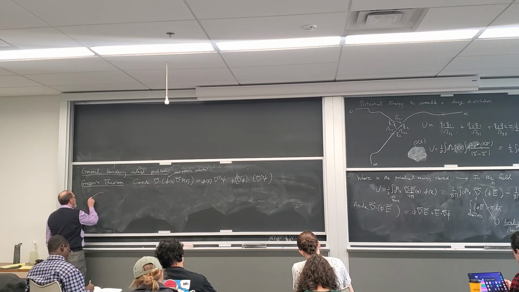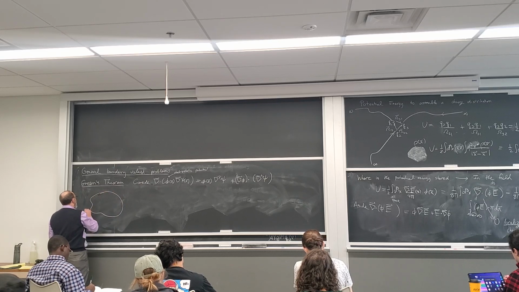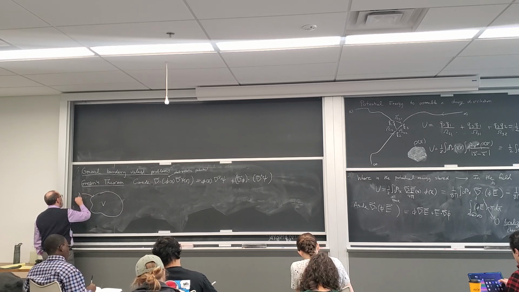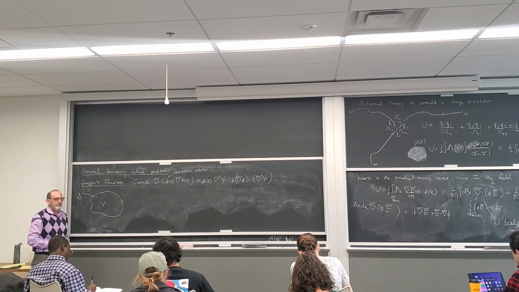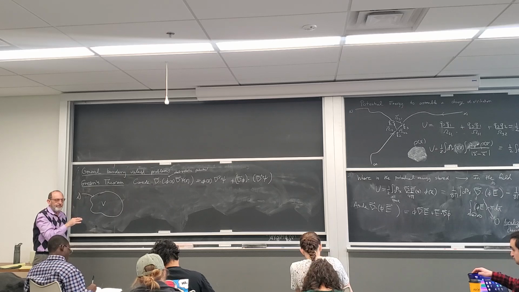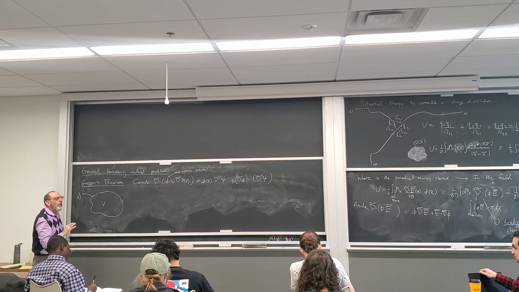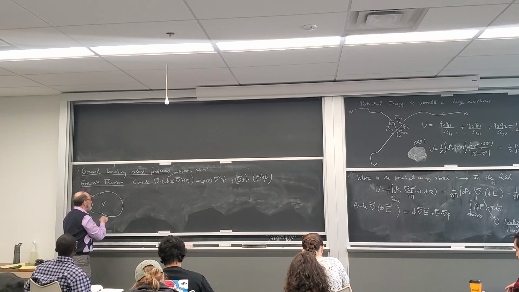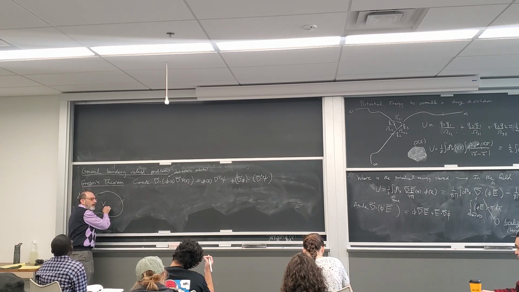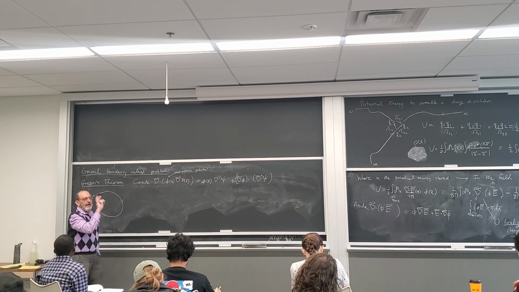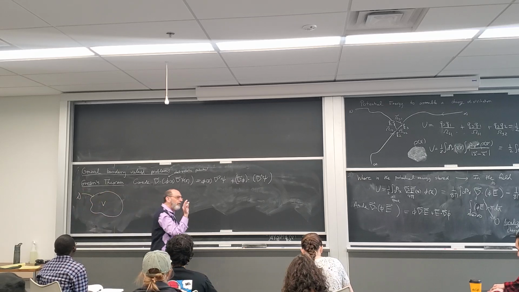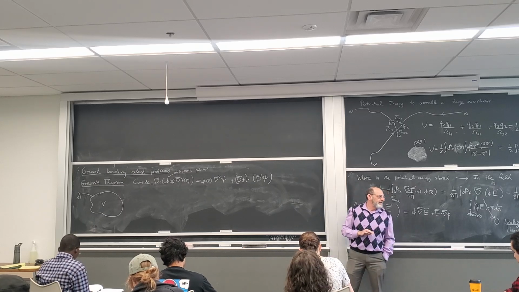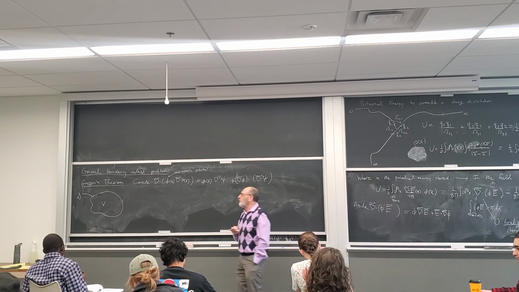Let's say we have some finite volume, V, and there's some surface that bounds that volume. So there's some volume in space. My goal will be to say something about the potential inside this volume only. I don't care what the potential is anywhere outside the volume. I only care what the potential is inside that volume.